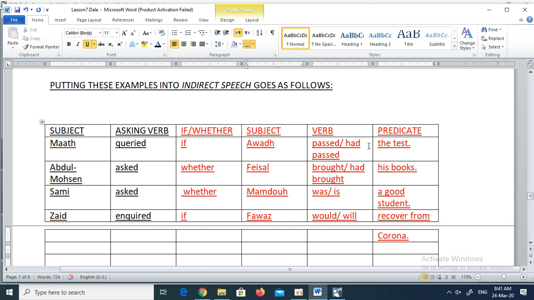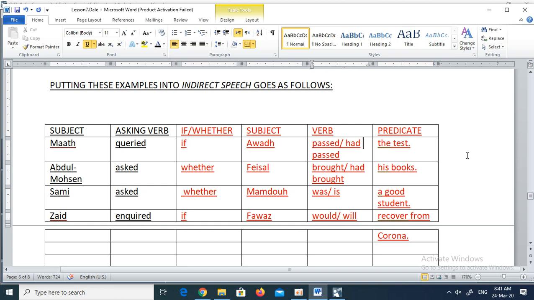Now, when we look at the verb in the subordinate clause, you can either use the past simple, brought, was, or so forth, or you can use the pluperfect, the past perfect.